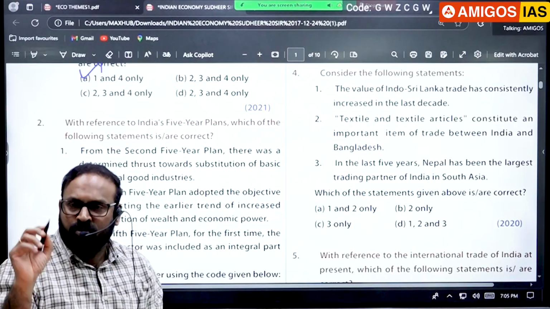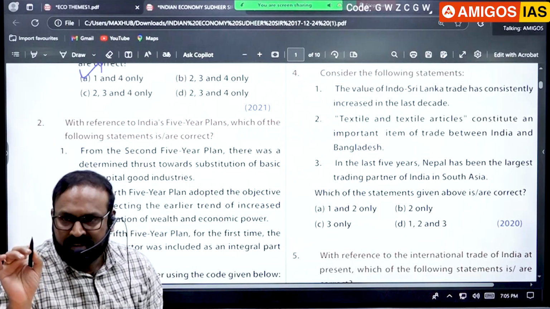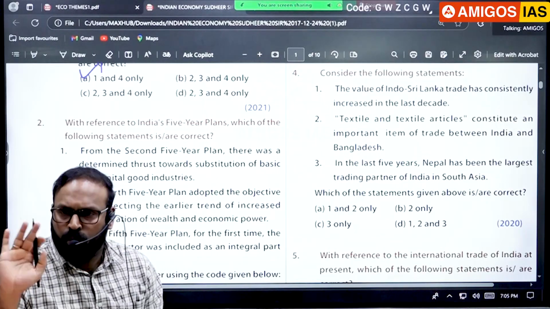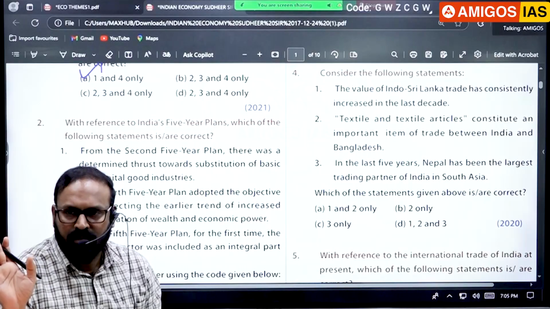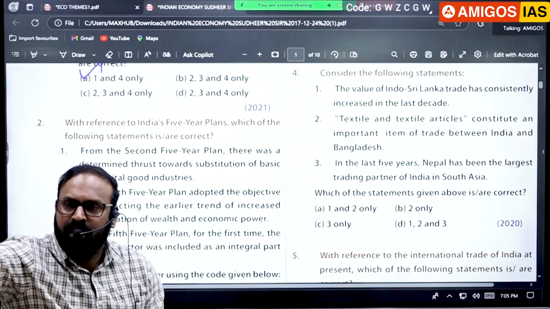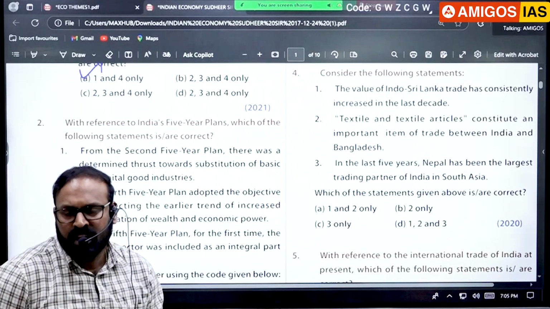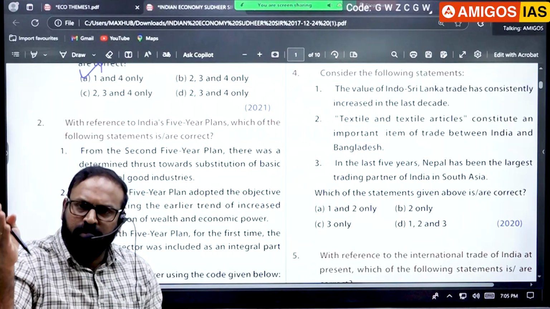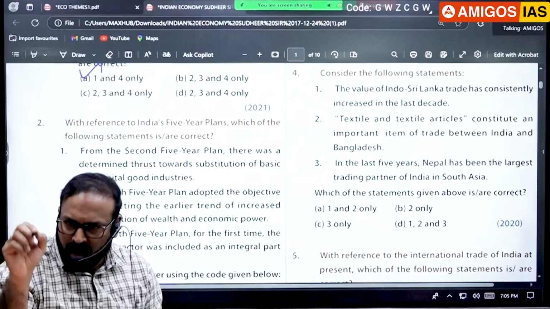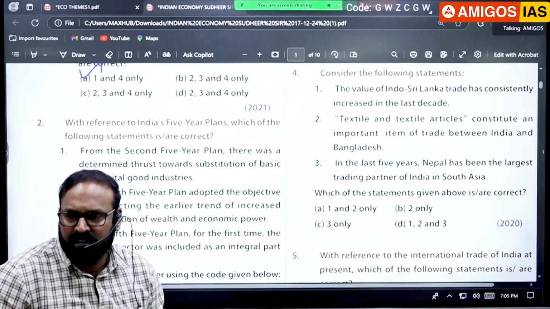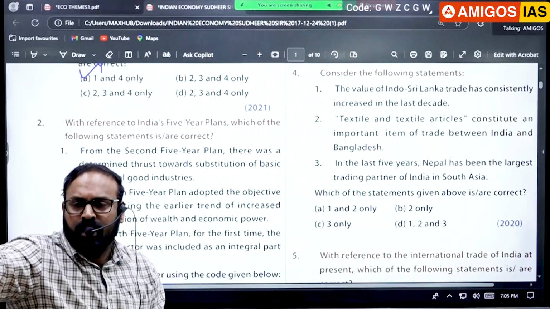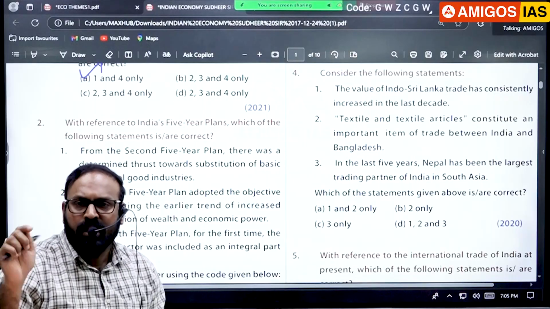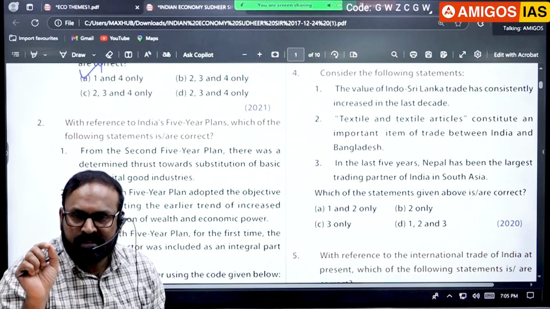Imports from India to America were inconsistent. Don't memorize the number. What about America exporting goods to India? If it is continuously increasing, convert that graphical information into a statement and write it down from your Economic Survey: exports from America to India increased consistently.